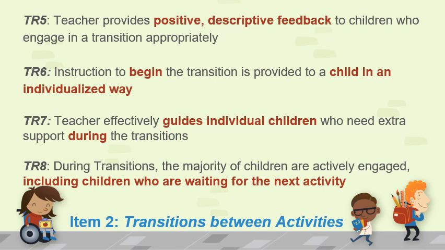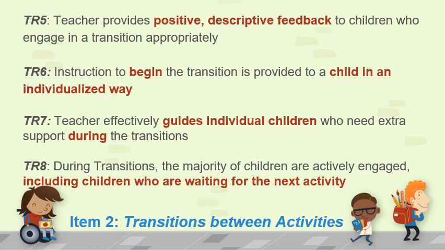TR6. Instruction to begin the transition is provided to a child in an individualized way. This is additional to the whole class transition directions. An individual child may need additional assistance, directions, reminders, gestures, or visual prompts to begin the transition. TR7.